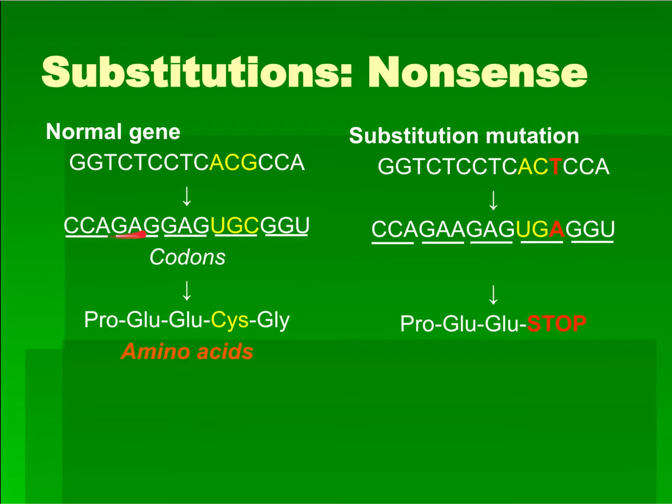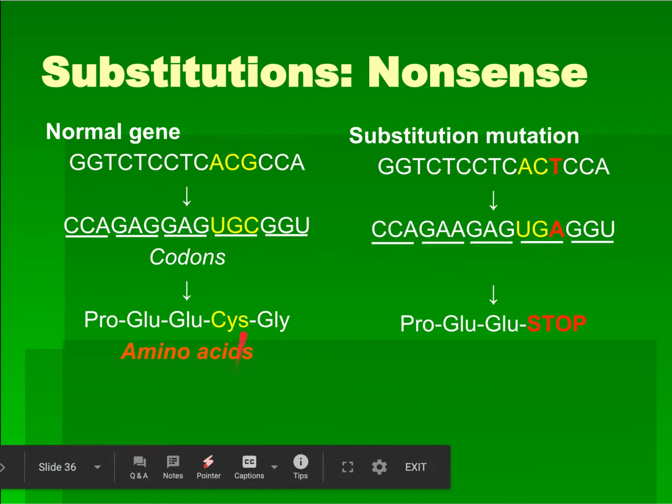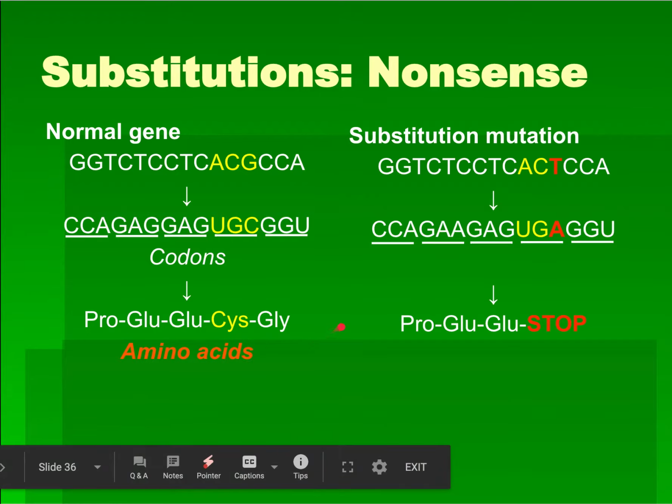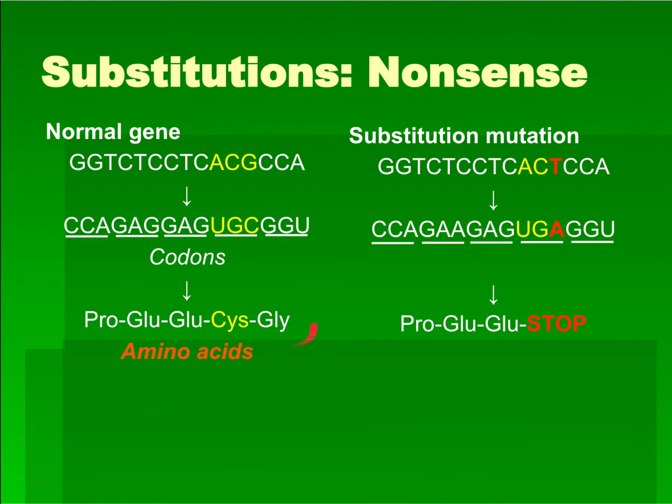So now our mRNA strand is going to be different. But in this case, it's not synonymous, it's not a missense, it's not coding for a different amino acid or the same amino acid. In this case, it's telling the message to stop. So as you can see, pro, glu, cysteine, but we could also see that we have this glycine on the end.